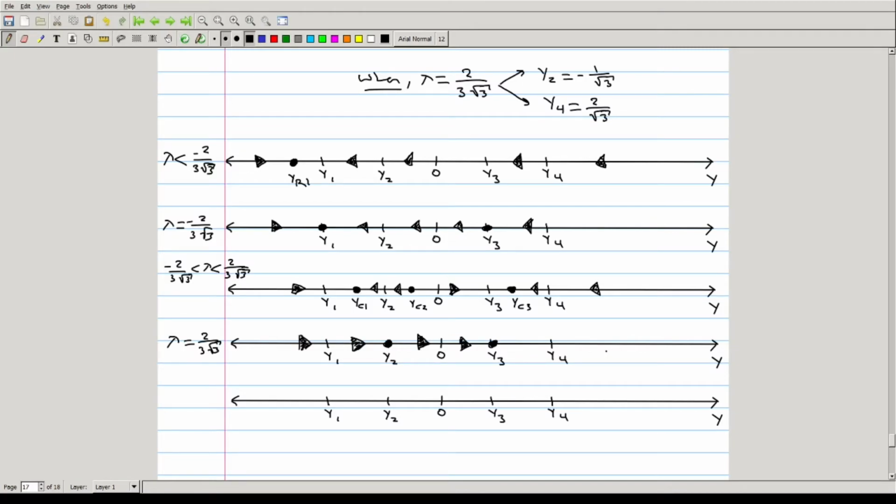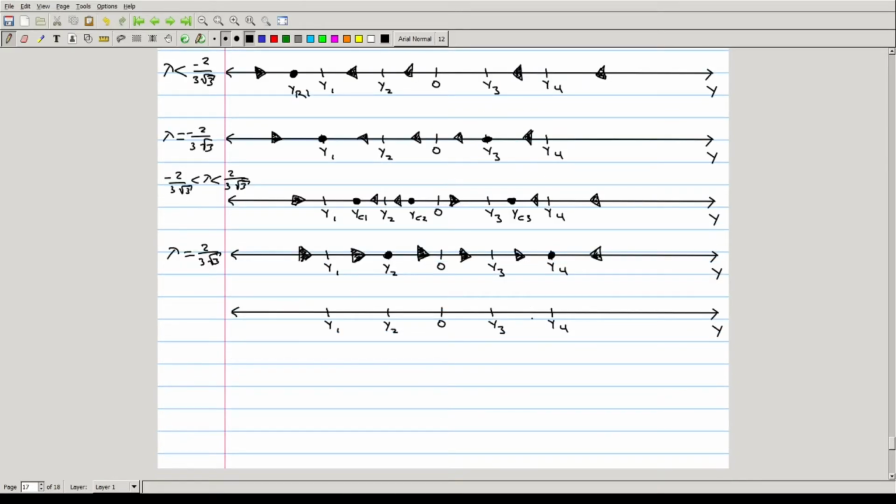Oh, no, not y3 here. Sorry, y4. I highlighted the wrong value. So y2 is an unstable critical point, or equilibrium point, and y4 becomes an asymptotically stable equilibrium point.